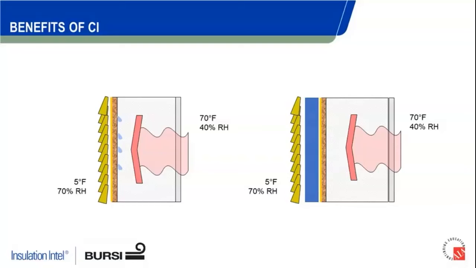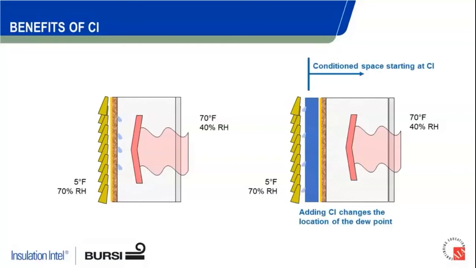So all these materials are at a much closer temperature to that 70 degrees. So what happens is that as that cold air moves across that assembly, it doesn't reach its phase change, it doesn't reach its dew point until it comes into the surface with really the exterior face of that CI. That's where we're finally getting to a cold enough surface that we're going to risk condensation in that assembly.